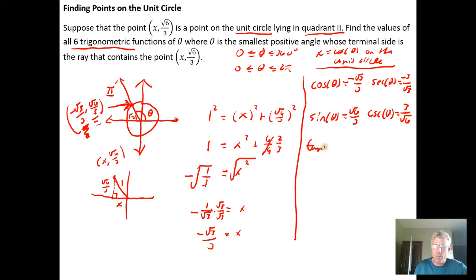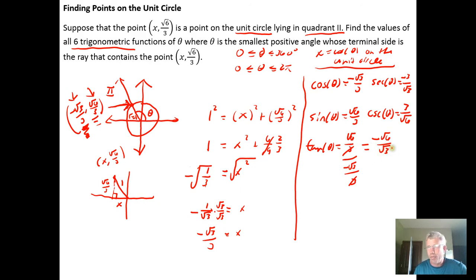And the tangent function is going to be y over x, so we get the square root of 6 over 3 divided by negative square root of 3 over 3. And then this will simplify, those will cancel, and we get negative square root of 6 over square root of 3. We could clean this up a little bit.